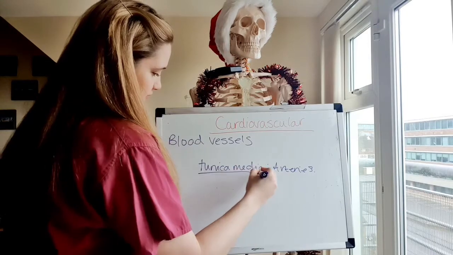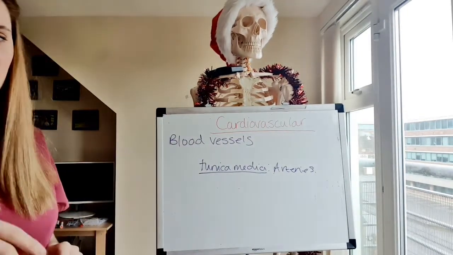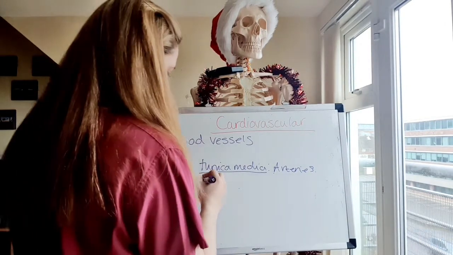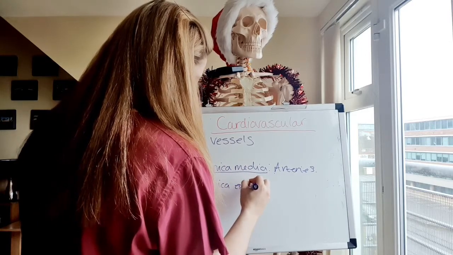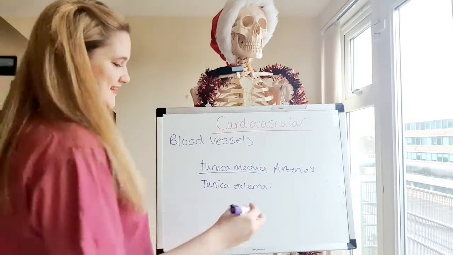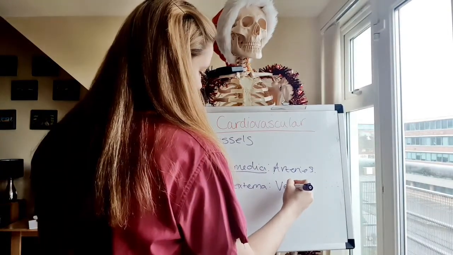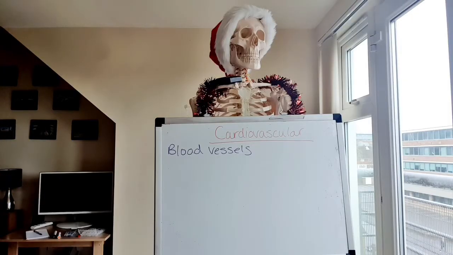So this middle layer is far more beneficial to be thicker within arteries than anything else. And if we look at the tunica externa, it's a lot thinner in arteries than it is in veins, so it favours the veins.